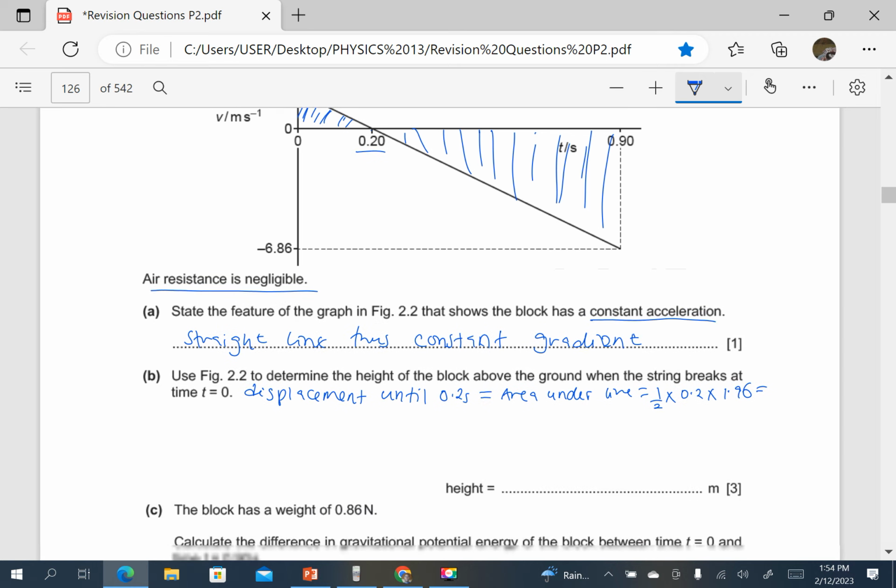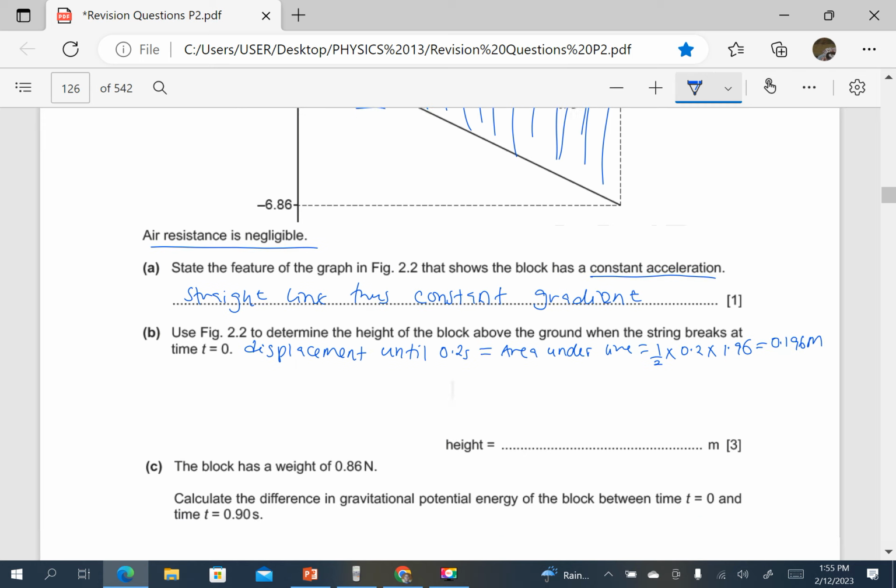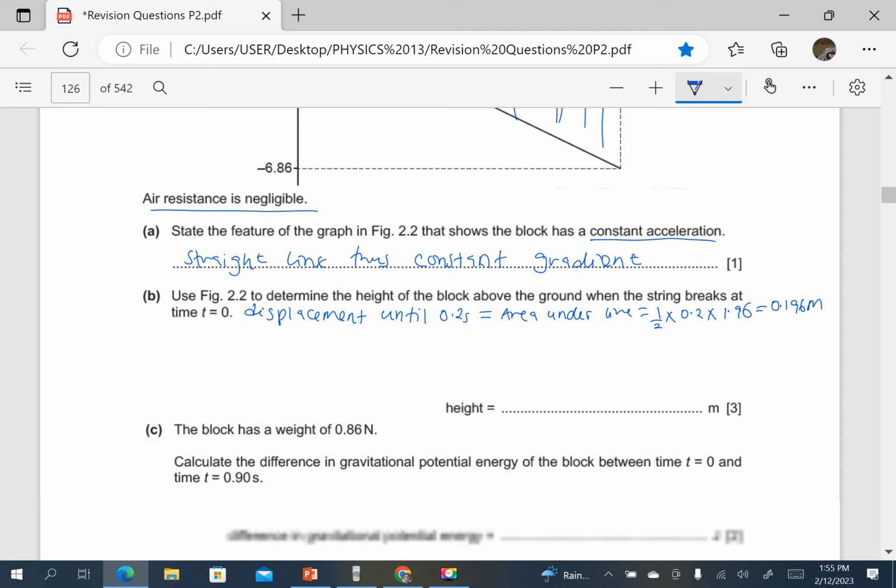So that is the distance it travels after the string breaks, which I think is 0.196 in meters.